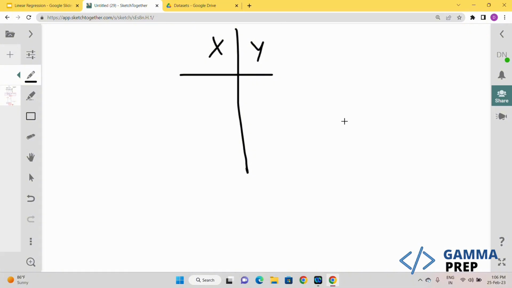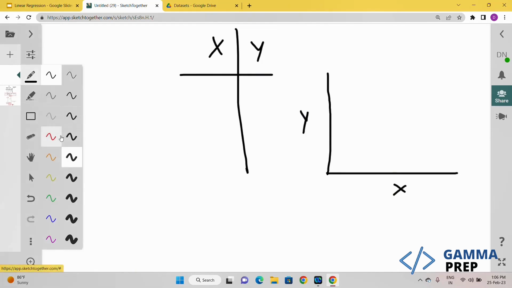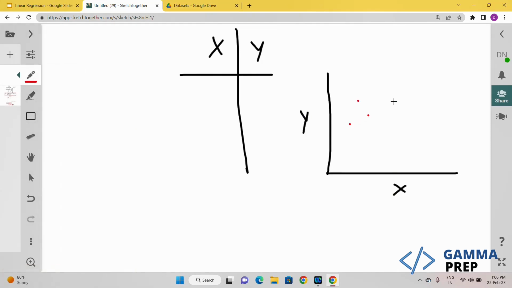It's just that it's easy to visualize when we have one independent attribute. So we have x and we have y. So let's say this is our scatter plot of x versus y.